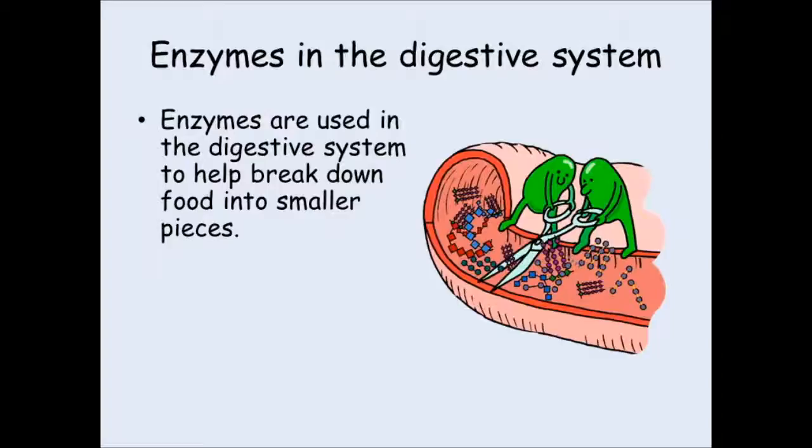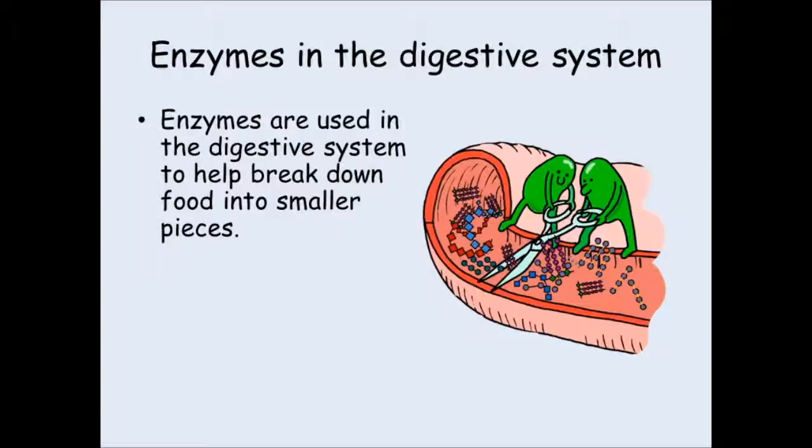The reason for this is that in the small intestine, the nutrients from our food need to get through the wall of the small intestine to get to our blood supply. The blood supply then takes it all around the body to the cells where the nutrients are needed. But to get through the walls of the small intestine, the molecules have to be really small.